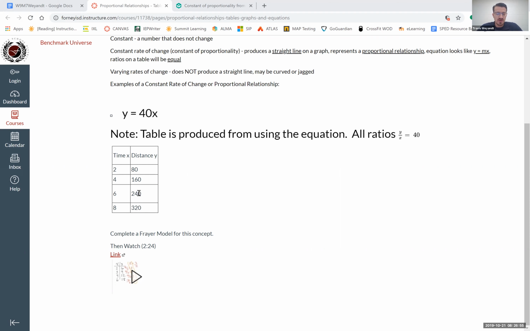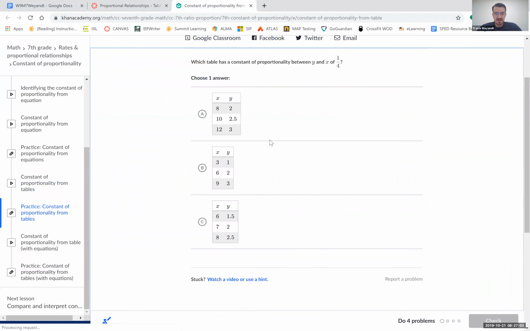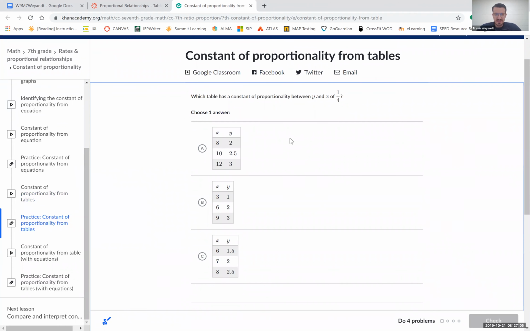It is correct. So if we go back to our document and click the practice problems, you will be practicing this idea. If we take this first one and ask, which table has the constant of proportionality between y and x of 1/4? So what table here, when we input the x, gives a y answer on the right side?